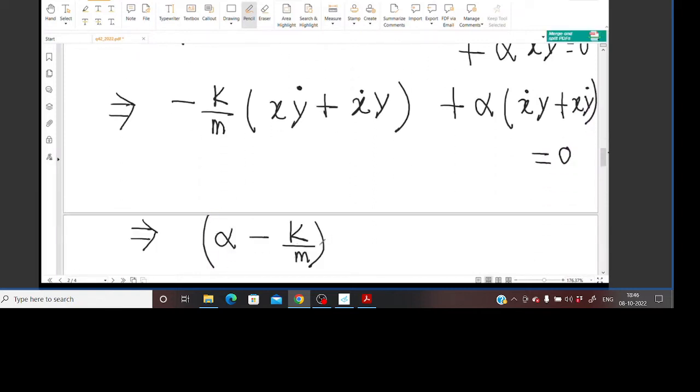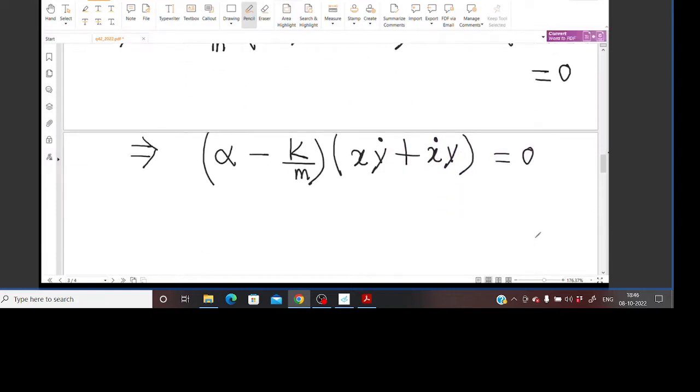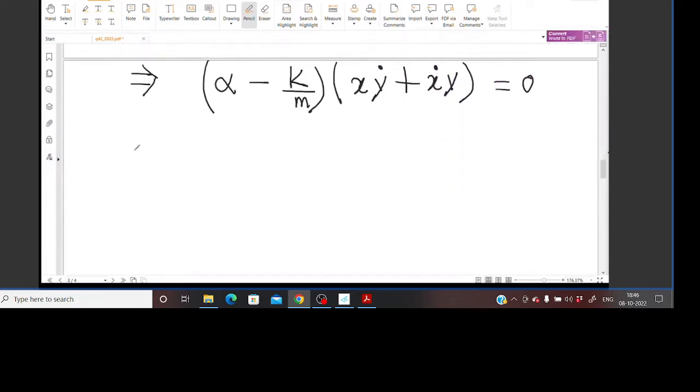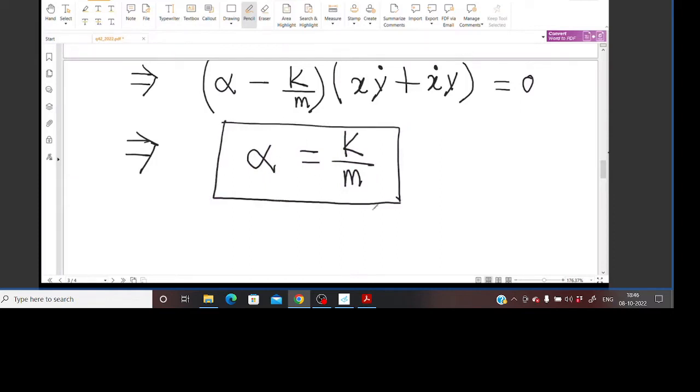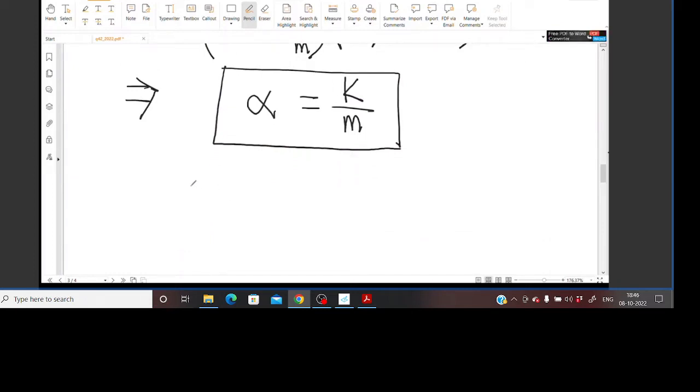So alpha minus k by m, into x y dot plus x dot y, equal to 0. So this equation is satisfied for alpha equal to k by m. So in this question, the value of alpha is k by m. So option A is correct.